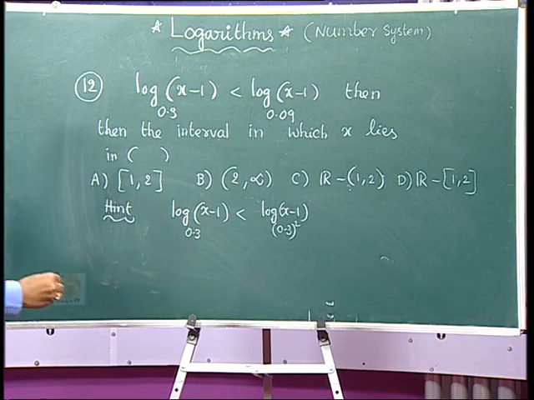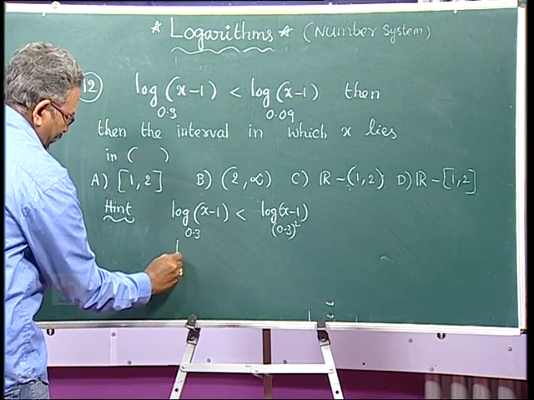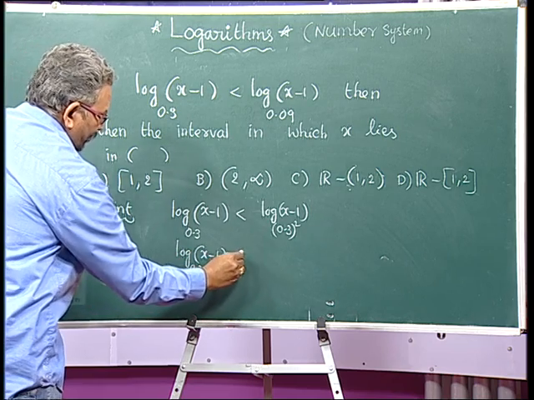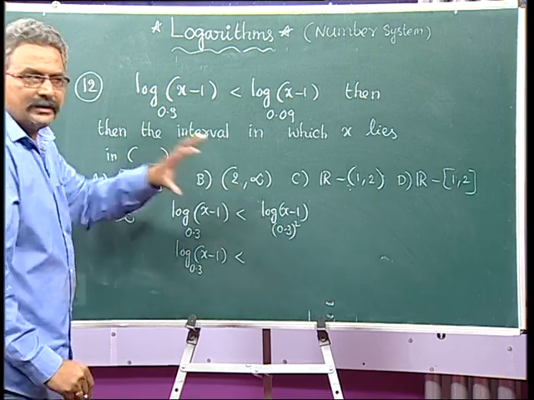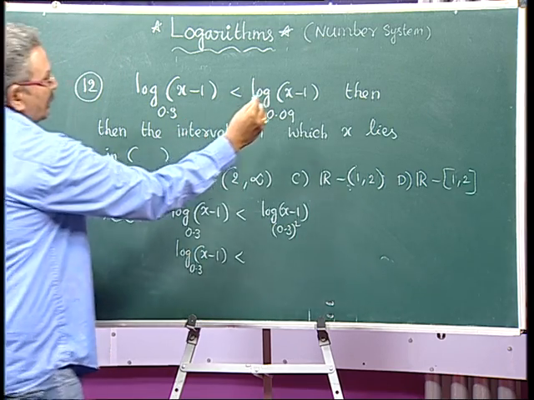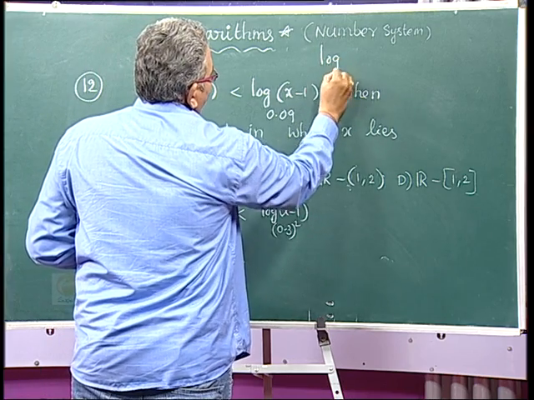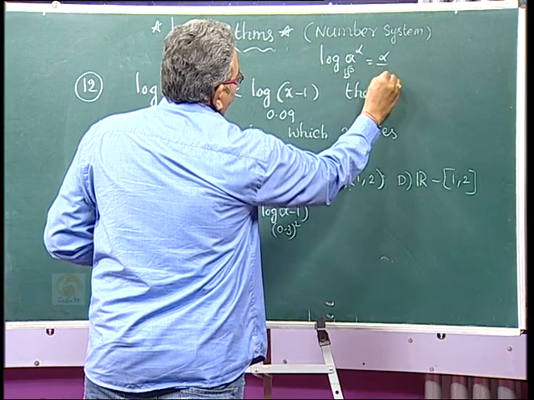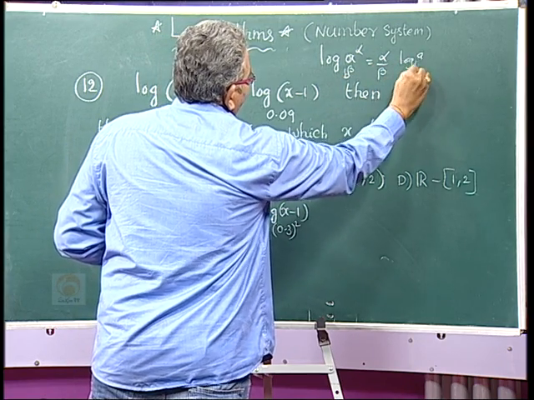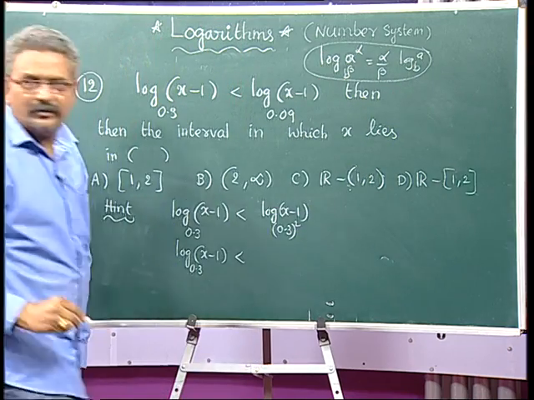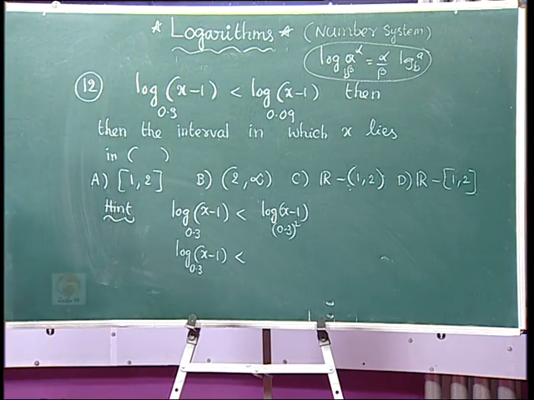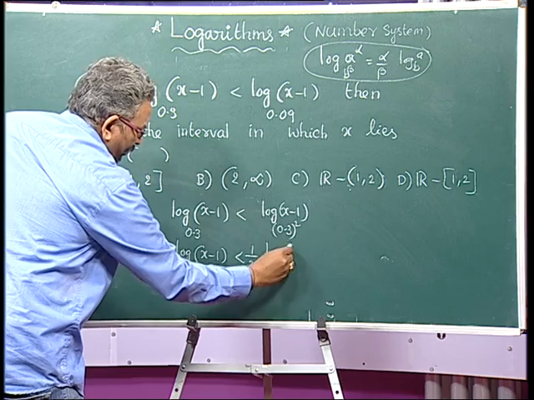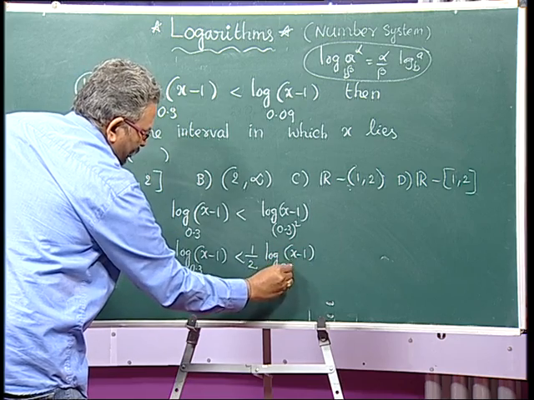Using the formula we already discussed, log a to the power of alpha to the base b to the power of beta equals alpha by beta log a to the base b, this can be written as 1 by 2 log of x minus 1 to the base 0.3.